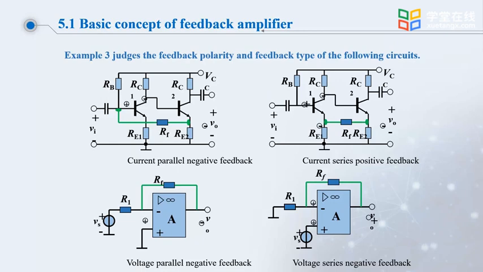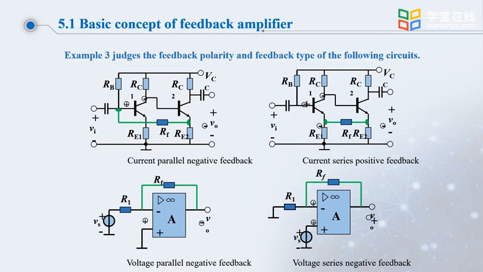Let's have a look. If we give the base of the first tube an instantaneous positive, then following the direction of the signal, the collector of T1 is instantaneously negative. So the base of the T2 tube is also instantaneously negative, and the emitter of the T2 tube is also instantaneously negative.